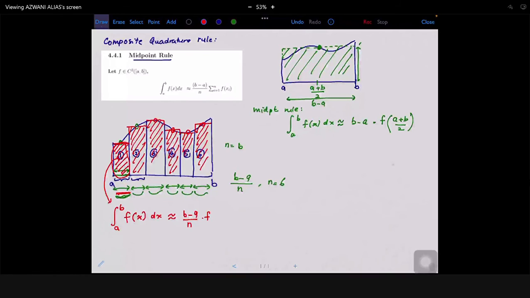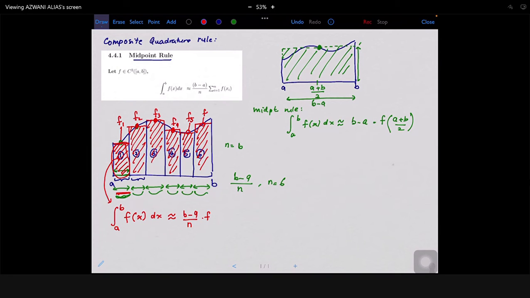Let's say each point ni saya tulis, nak mudah saya tulis is f1. Titik tengah pada interval yang kedua f2. Titik tengah pada interval yang ketiga f3. f4. f5. f6.